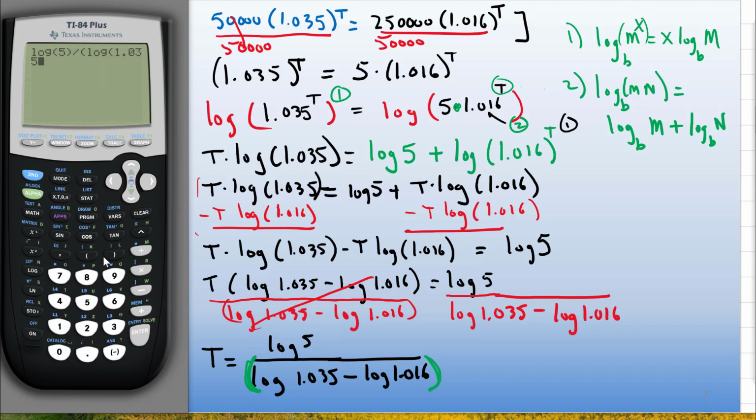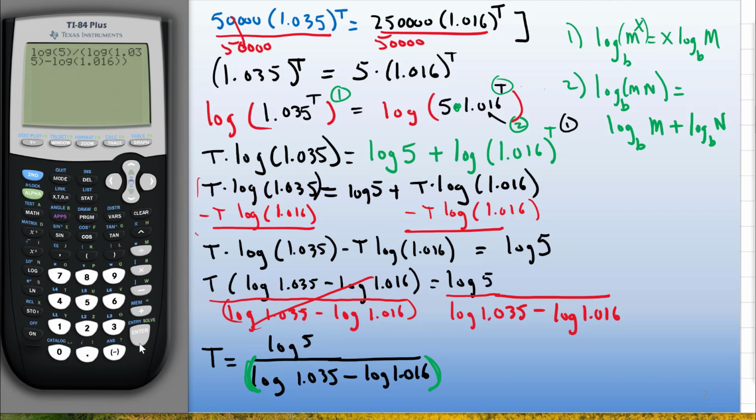Now I'm closing the parenthesis on the log, minus, now I've got to subtract another log, and it's 1.016. Now the log started with a parenthesis here. I have to end that log, but now I started the bottom of the fraction way up at the top with the parenthesis, so I have to end another parenthesis. So if you have the old operating system, you've got to be really careful with how you type it.